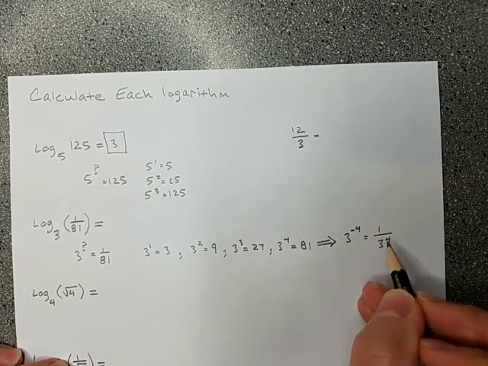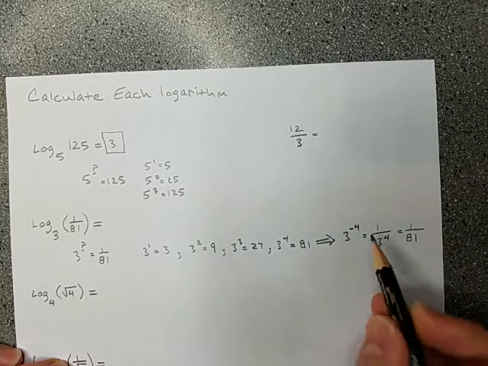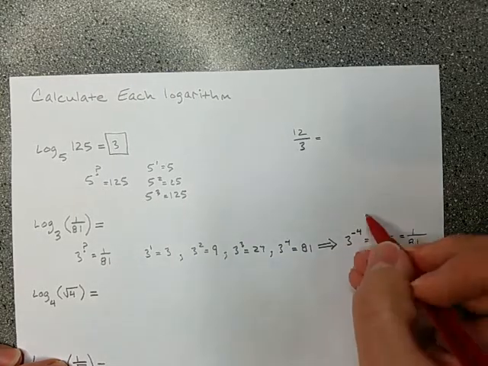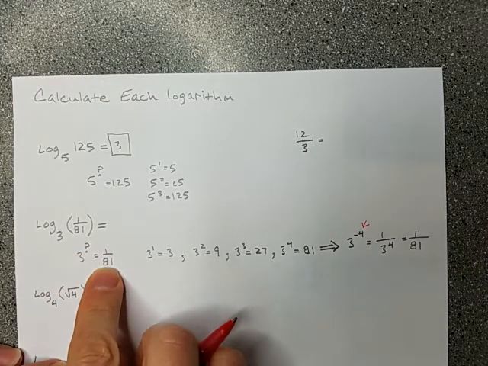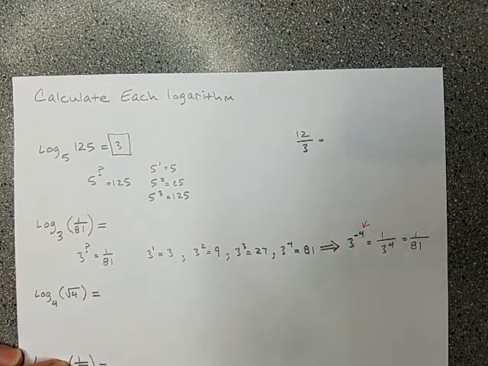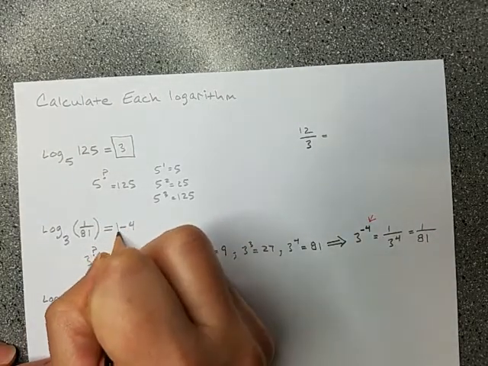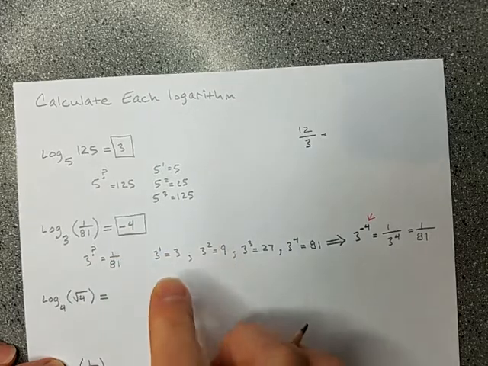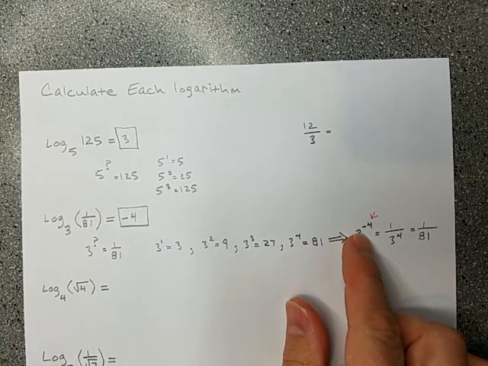So that would be 1 over 81. So there's our number right there. It's negative 4. 3 to what power is 1 over 81? It's negative 4. I still did that one with just some basic arithmetic, but I had to know how to understand a negative exponent also.